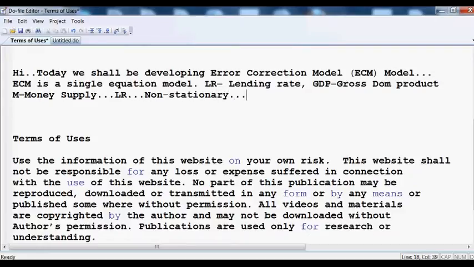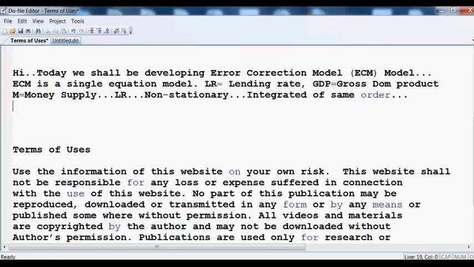But when we convert all these three variables into first difference, then they become stationary, meaning that our three variables are integrated of the same order. And when the variables are integrated of the same order, then we can run the error correction model.